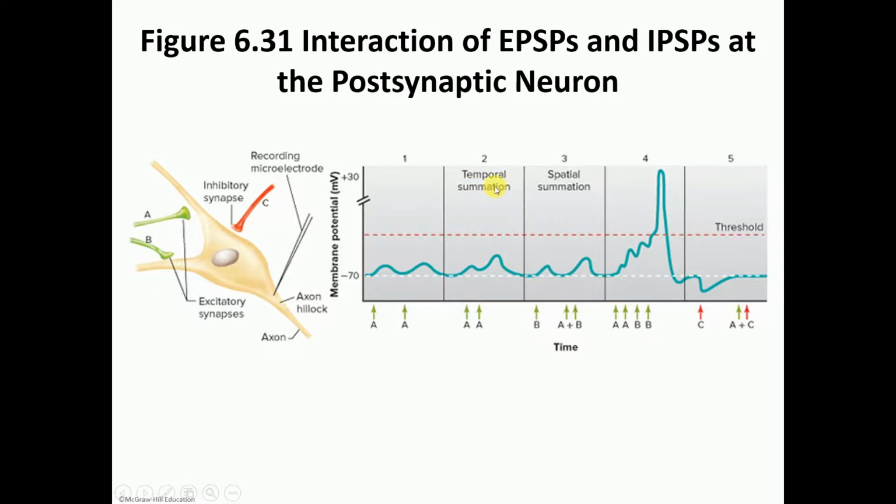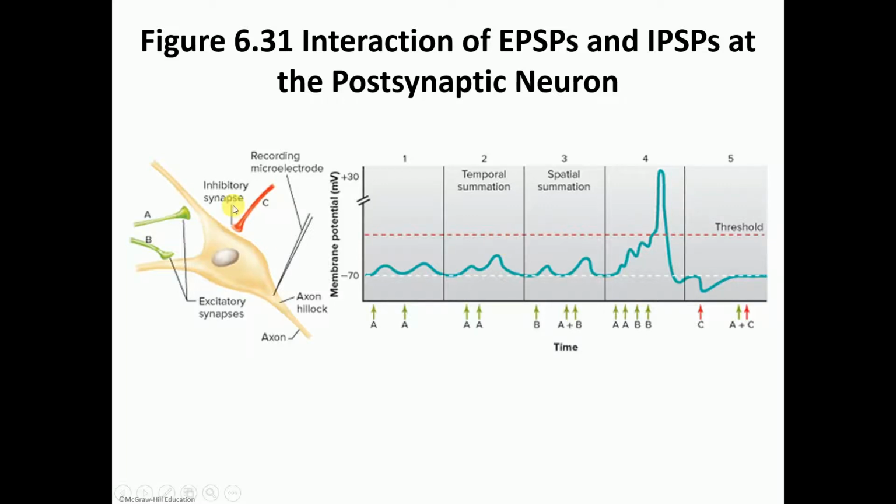We call that temporal summation. So instead of getting another one later on, which is this scenario right here, it got this. So they were very close time-wise. That is called a temporal summation. So they sum up, they add up, and you get a bigger graded potential than what you would have gotten if it was just one. Again, you're still subthreshold, so nothing is going to happen to that cell.